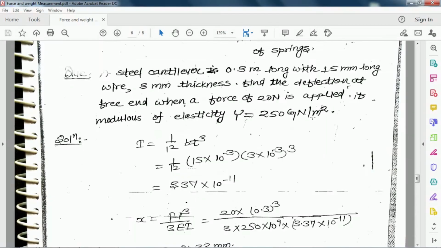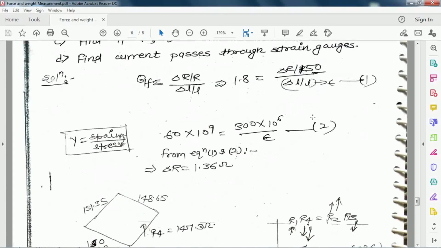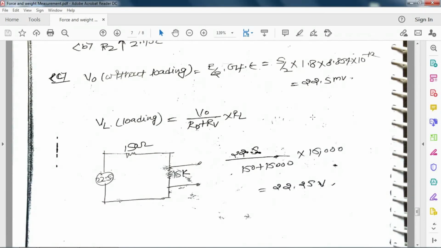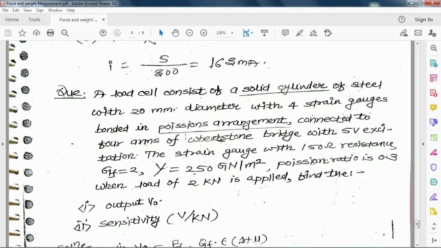So I'm explaining a numerical over here. A load cell consists of a solid cylinder of steel with 20 mm diameter. You have a cylindrical element with 20 mm diameter with 4 strain gauges bonded in Poisson arrangement connected to 4 arms of a Wheatstone bridge with 5 volt excitation.